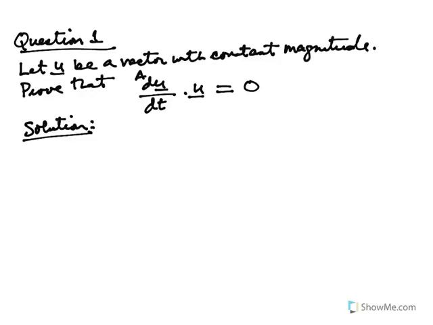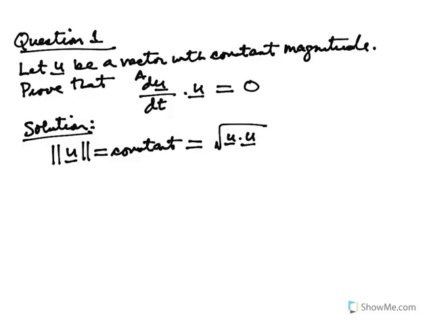We know that U has constant magnitude, so that means that the magnitude of U is equal to a constant. But the magnitude of U is equal to the square root of U dotted with U. So that implies that U dotted with U is equal to a constant, because U dotted with U is the square of a constant, which is yet another constant.